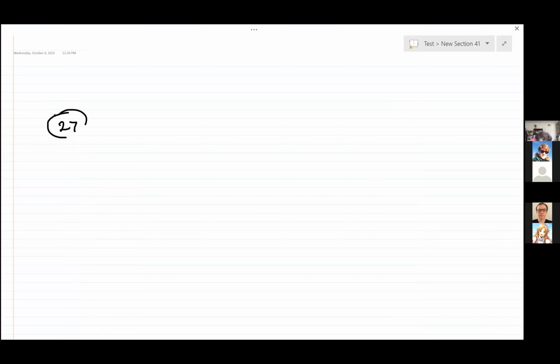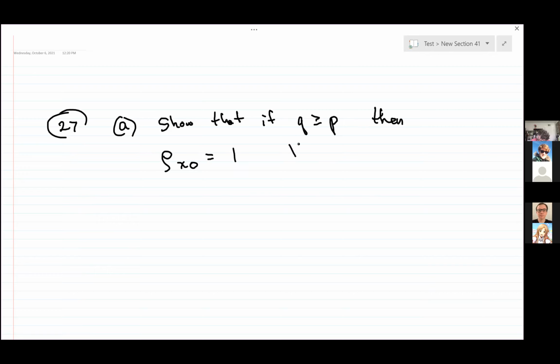Part A, show that if q is greater than or equal to p, then rho_{x0} is equal to 1 for all x greater than or equal to 1.